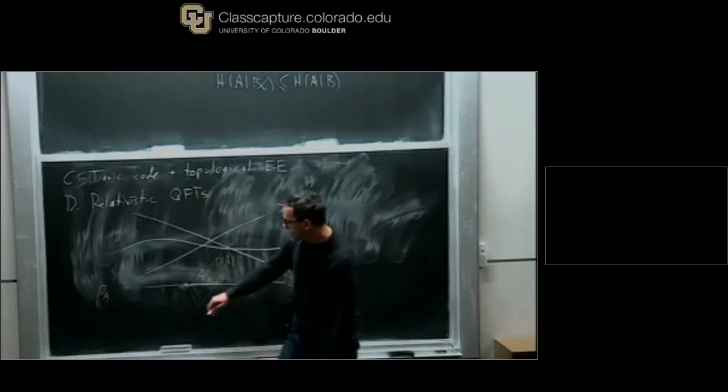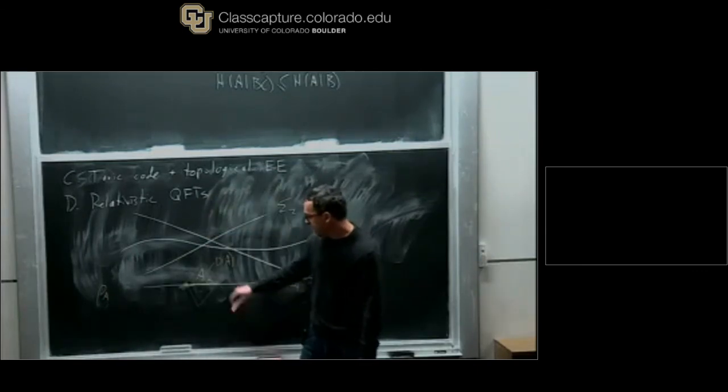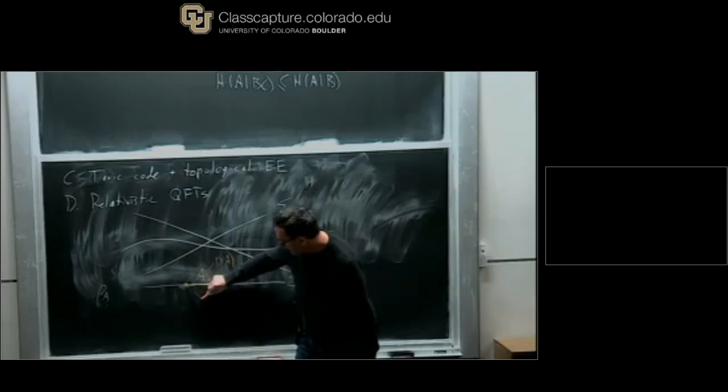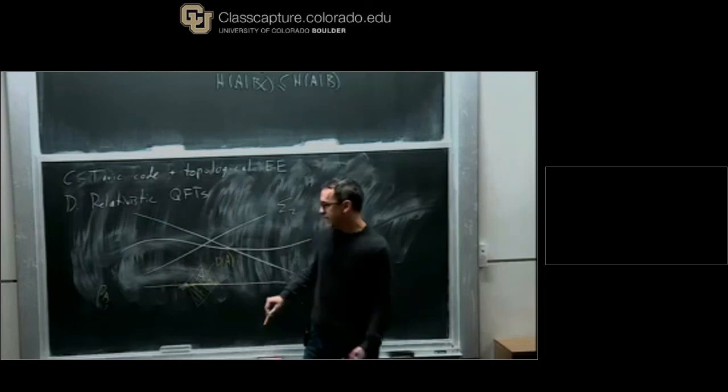That means rho sub A is not just the state as far as operators on A are concerned, but it's actually the state as far as all operators in D of A are concerned.